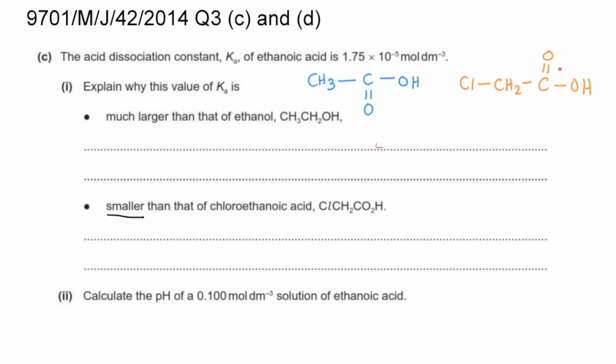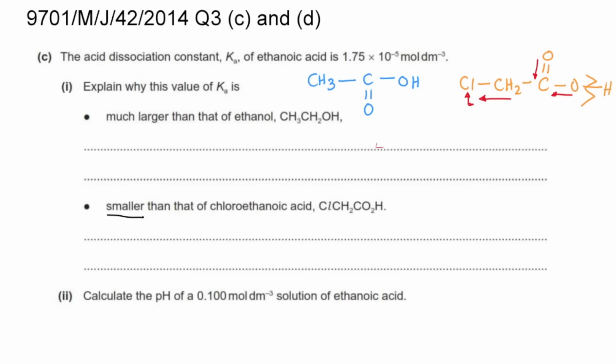So here again, what will happen is all the electrons will pass to the chlorine atom in the molecule, and this will cause the OH bond to break. Thus we can say that the OH bond in chloroethanoic acid is much more easily broken than that in ethanoic acid.